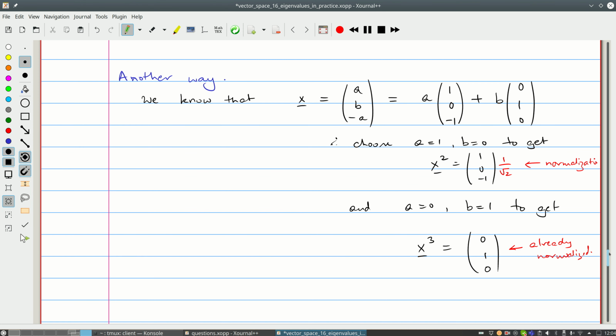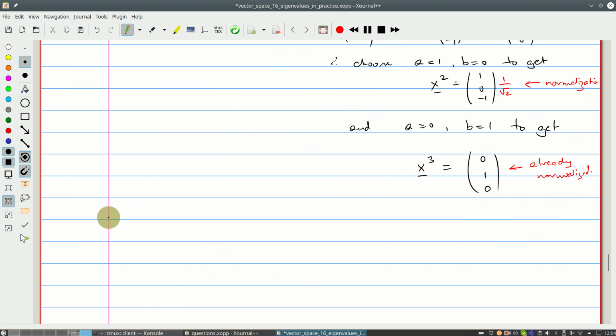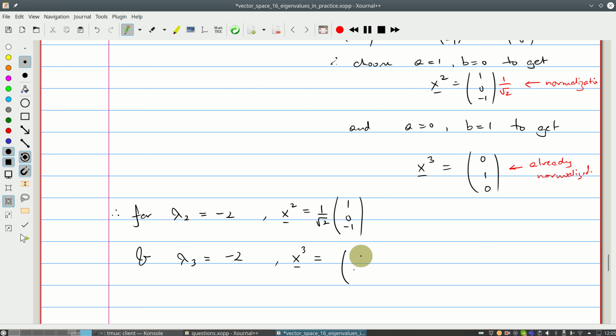Okay, and in this way we have, therefore, for lambda 2 equal to minus 2, x2 equal to, let's put the normalization first, 1 over the square root of 2, 1, 0, minus 1, and for lambda 3 equal to minus 2, x3 is equal to 0, 1, 0.